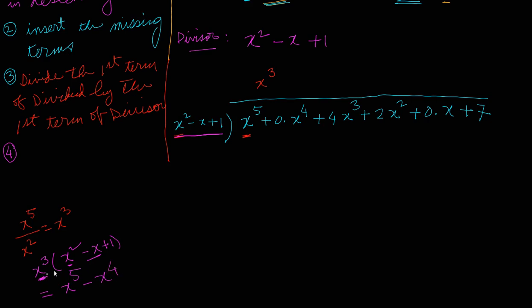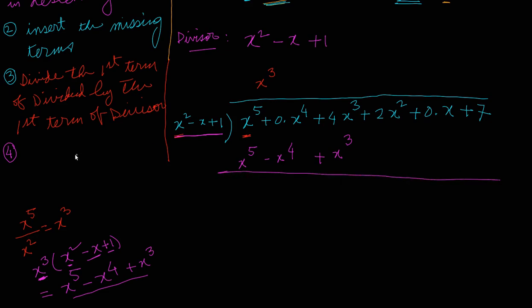And x cube multiplied by plus 1 is plus x cube. So I am going to write down this result here: x power 5 minus x power 4 plus x cube. So that is my step number 4.